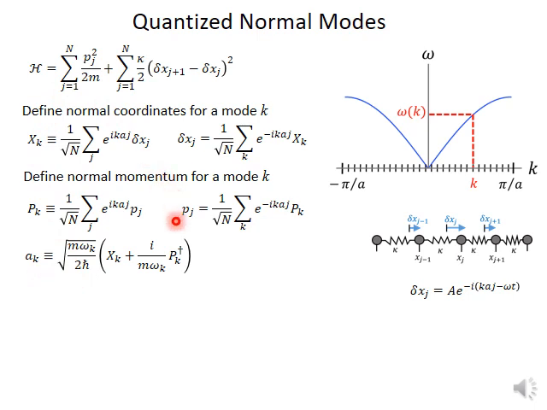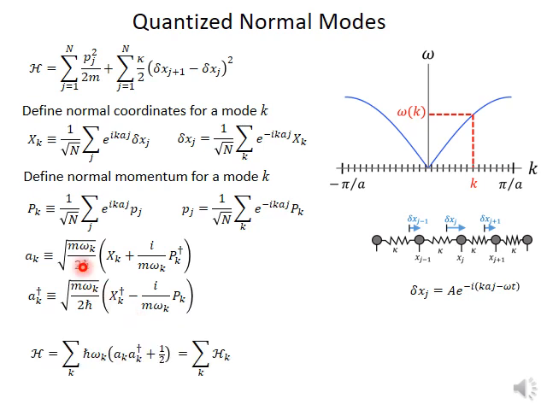Once you have defined these operators, you can go from a classical problem to a quantum problem. You can also define a conjugate operator, given by such a description of the properties of the system. So you can reconstruct this Hamiltonian now in this easier form.